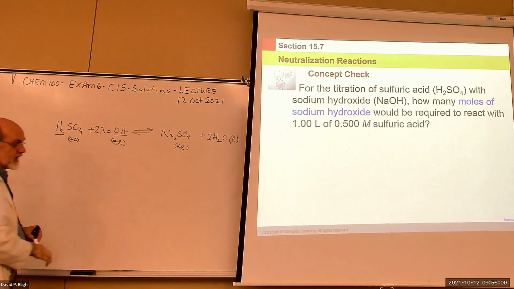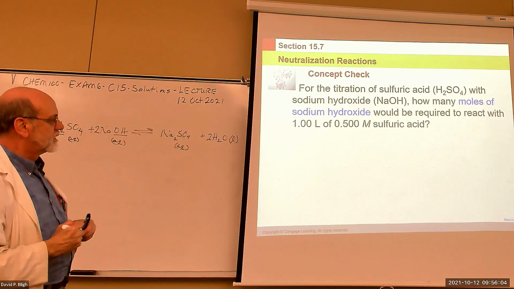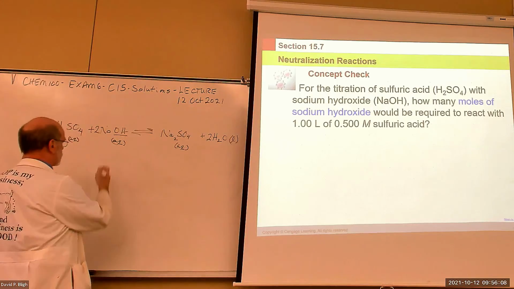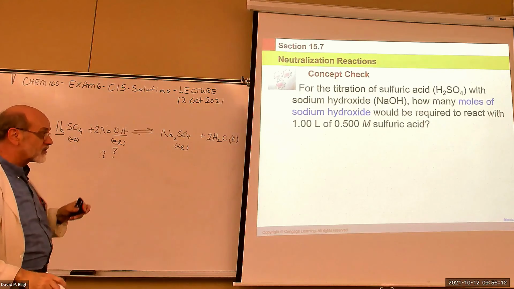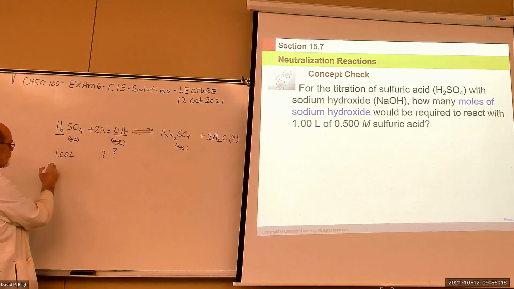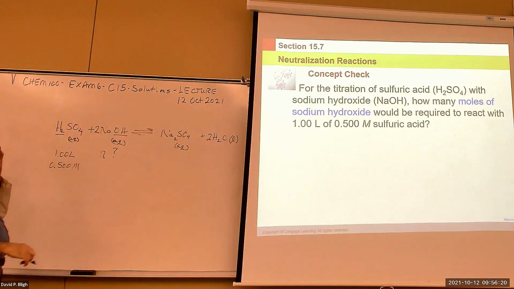We can approach this as a simple stoichiometric problem. In this case, how many moles of sodium hydroxide are required? So the question is, how many moles of sodium hydroxide are required to react with 1 liter of 0.5 molar? Right?